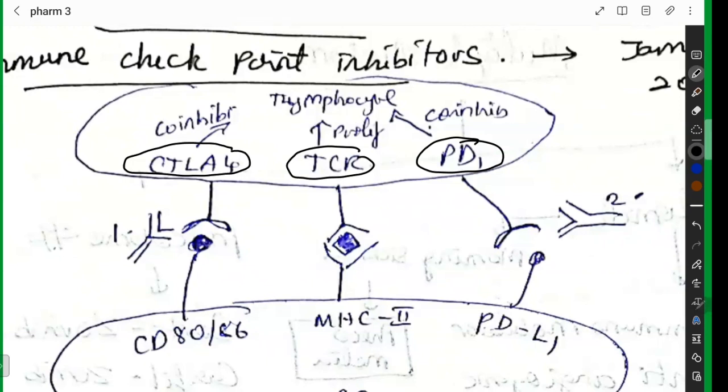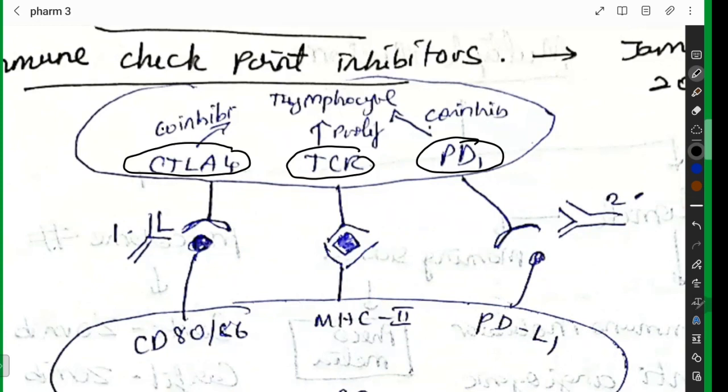But what happens when there is no antigen? What this antigen presenting cells will do is they will activate your CD80/86 and PDL1. When the CD80/86 and PDL1 get activated, this CD80/86 is going to cause activation of CTLA4.